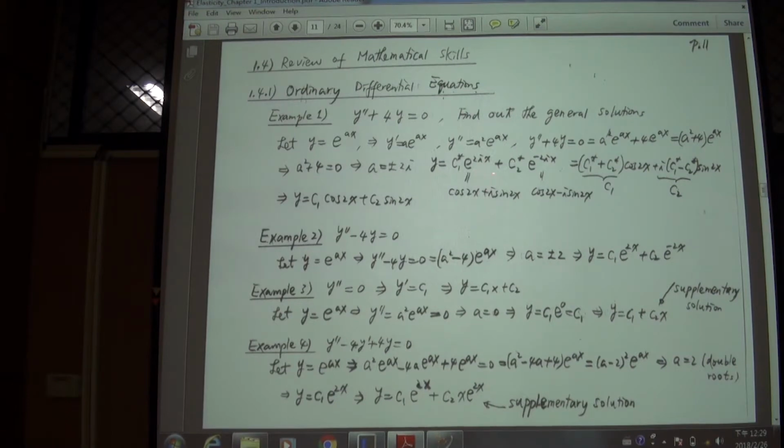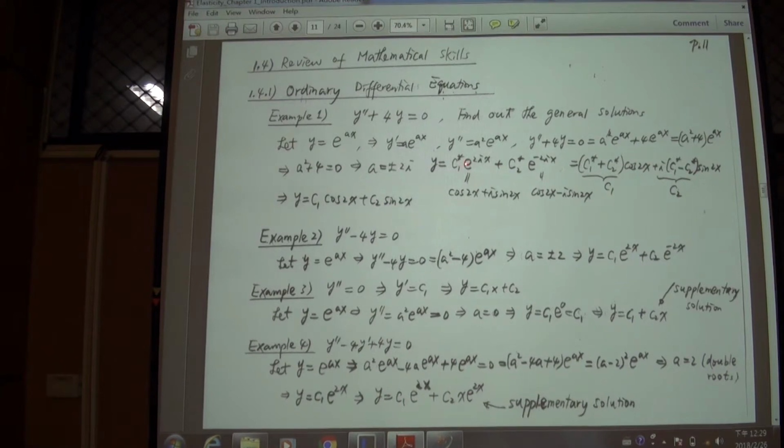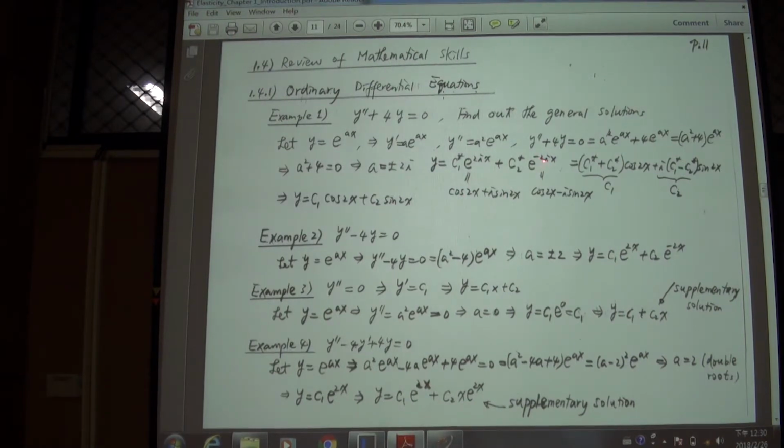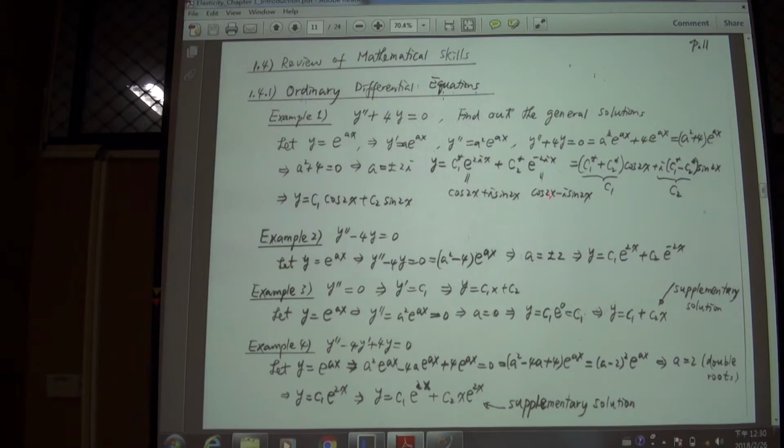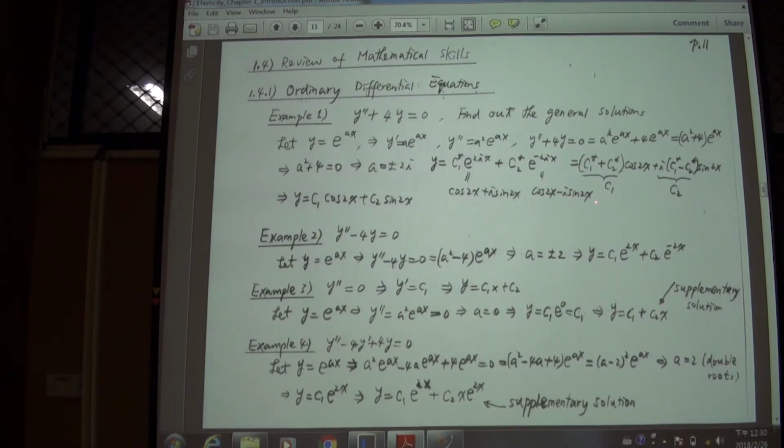If you don't understand this technique, you can consult the book again. Now, after we have obtained the general solution, we turn e^(2ix) into sine and cosine, and e^(-2ix) into cosine 2x and minus sine 2x.